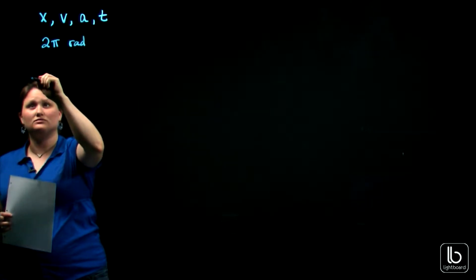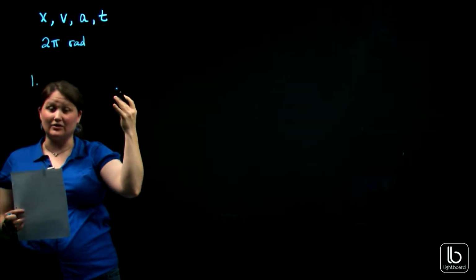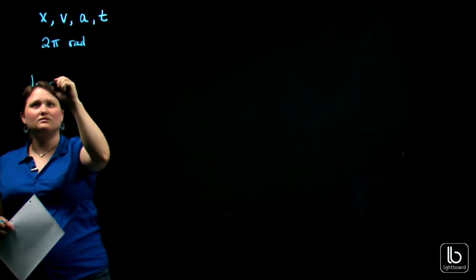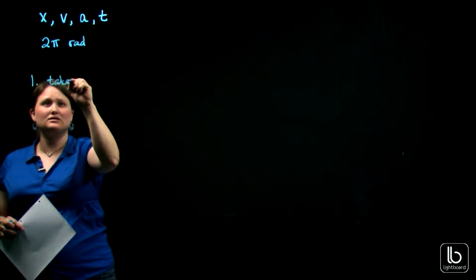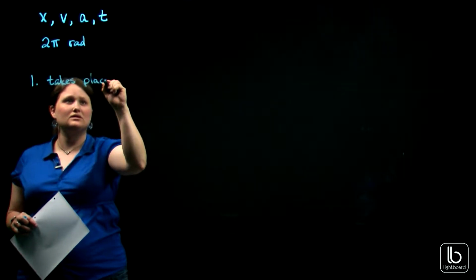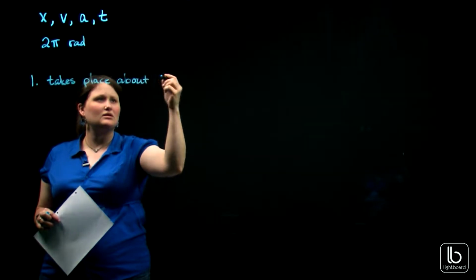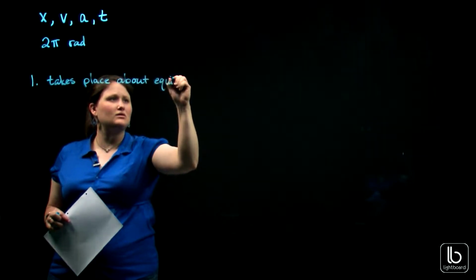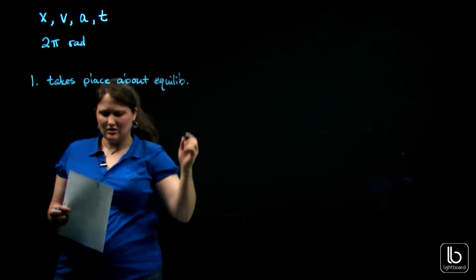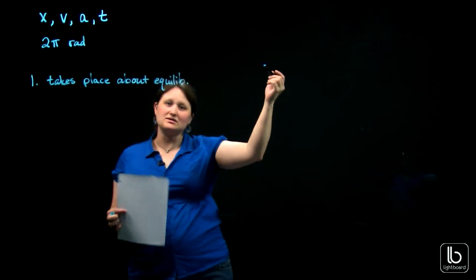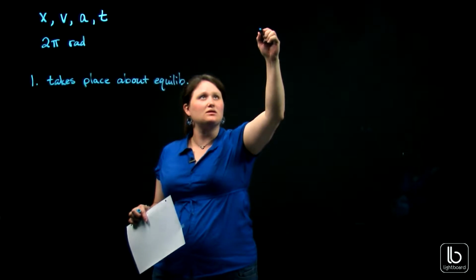First of all, when we're dealing with an oscillator, we're talking about something that takes place about an equilibrium position. So, in other words, what I might have is a pendulum, for instance.